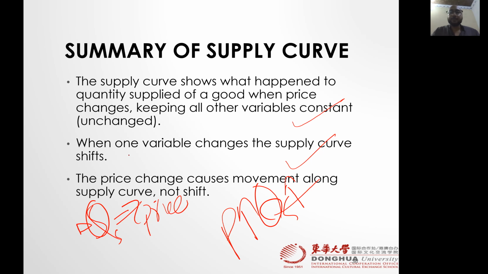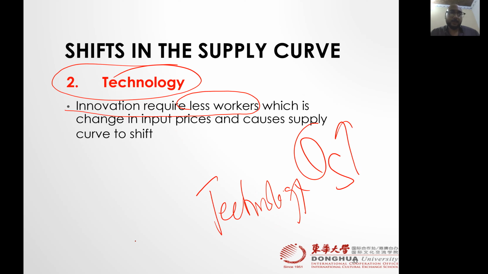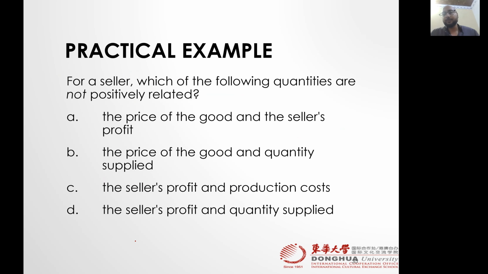What is shift? Shift means if the reason is not price, we call this shift, and there are 4 variables that cause a shift. Number 1, input prices, then expectations, number of sellers, and then technology, right?